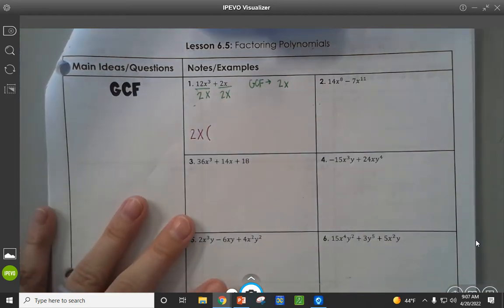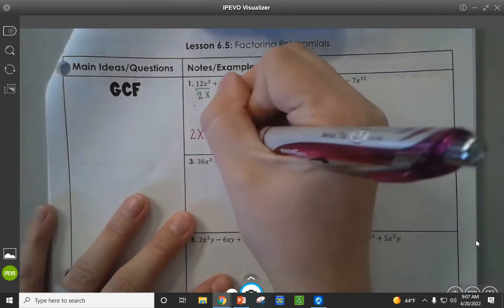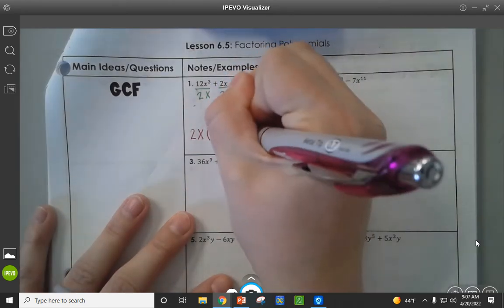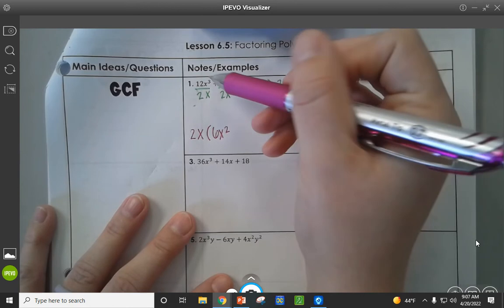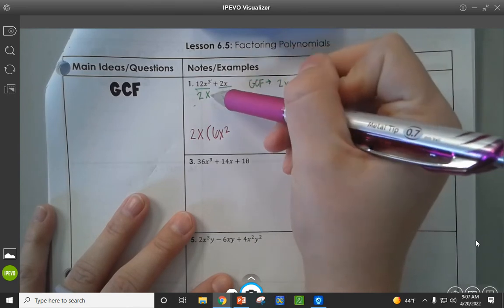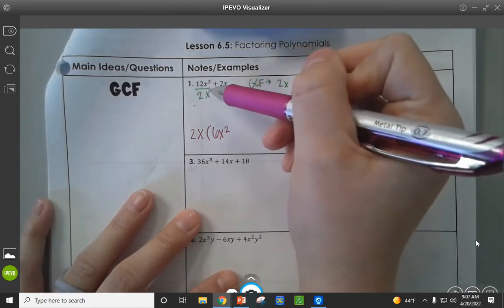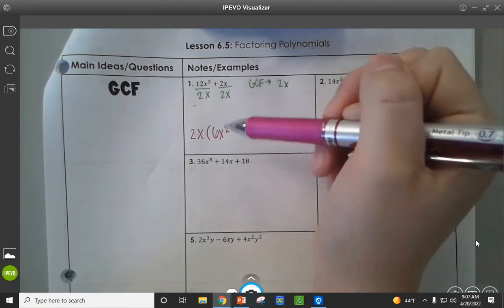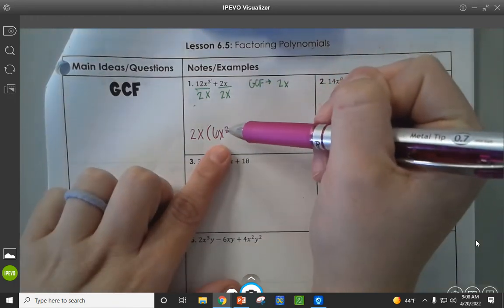So if I take 12x cubed divided by 2x, what do I get? 6x squared. Good. Because 12 divided by 2 is 6. And then I have x cubed on top and x on the bottom. So when I cancel out one of the x's, I'm left with an x squared.